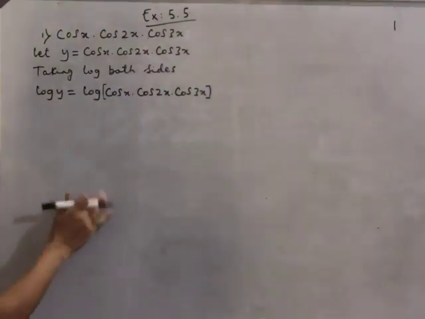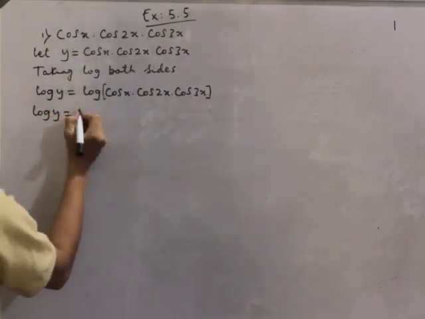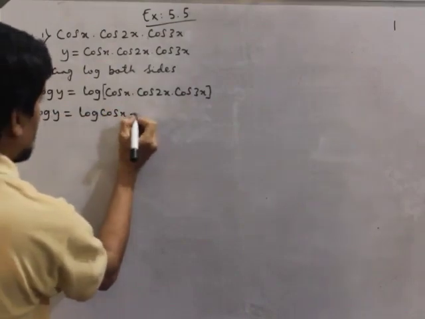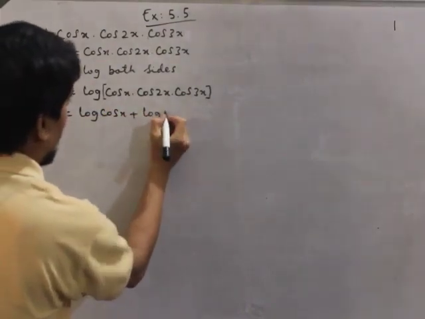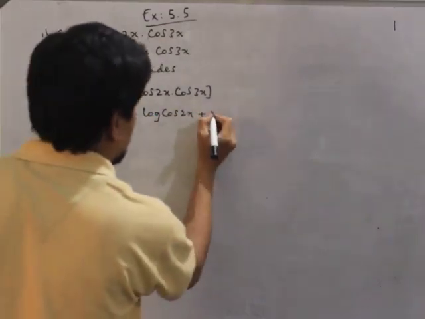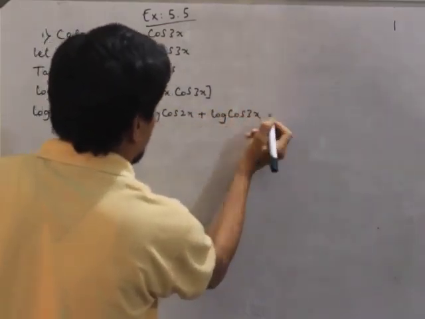So here I will simplify this. Log y is equal to log cos x plus log cos 2x plus log cos 3x.